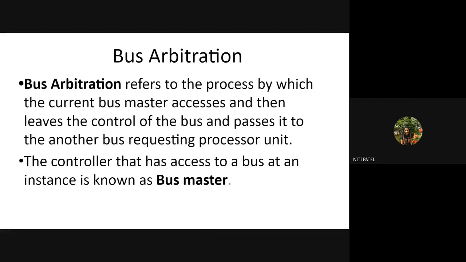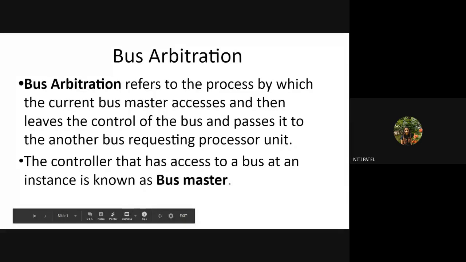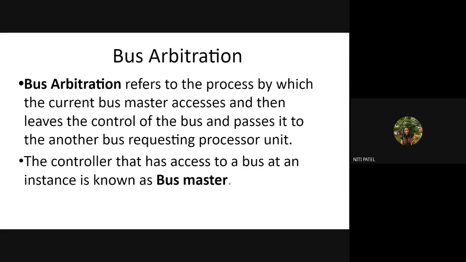So what is bus arbitration? It is a process by which the current bus master leaves the control of the bus and passes it to another requesting unit. Suppose I have two systems, system 1 and system 2. If system 1 wants to execute a program, it will first request for all the buses. Once the request is granted, the system which has requested will be considered the bus master.